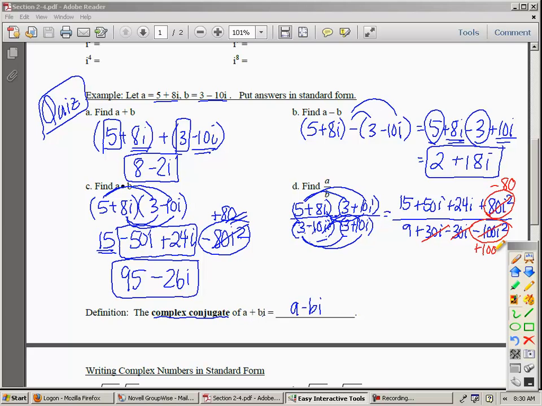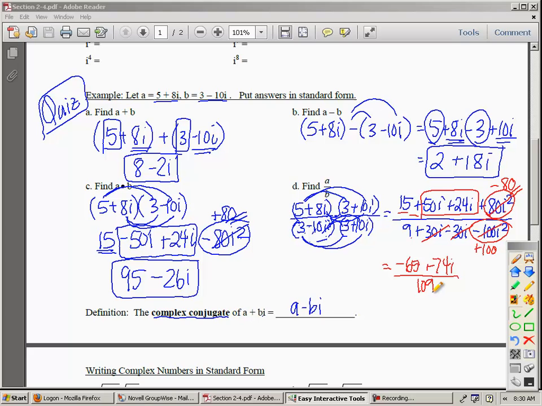And so now I'm going to do some simplification. In the numerator, 15 and negative 80 is negative 65. 50i and 24i is plus 74i, all over 9 and 100 is 109.